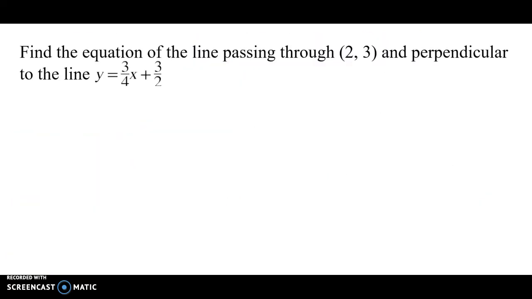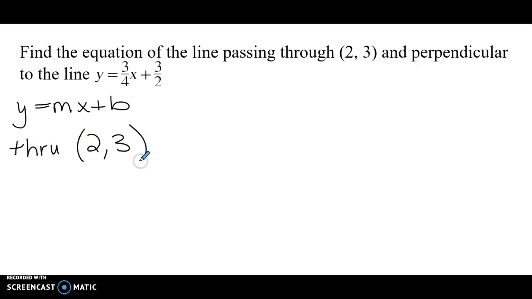So I'm going to kind of set it up for you, and I'm going to let you give this one a go on your own. So first of all, it does need to be y equals mx plus b again. It needs to go through (2, 3), but there's one difference about this problem, and it's the word perpendicular.